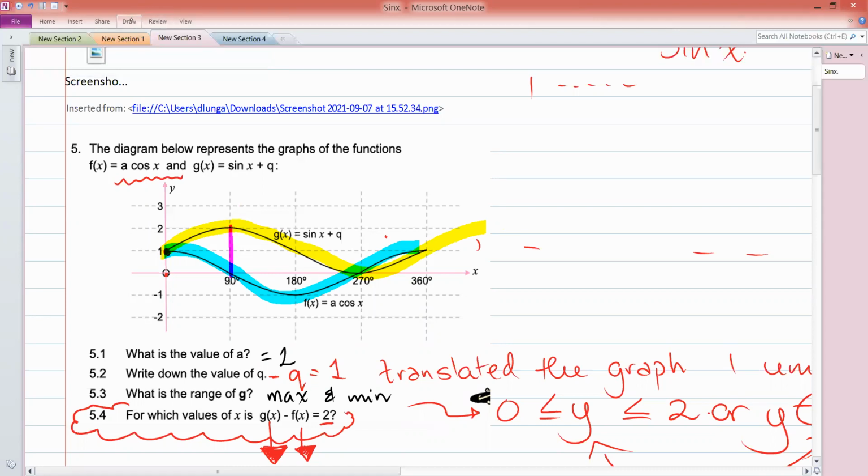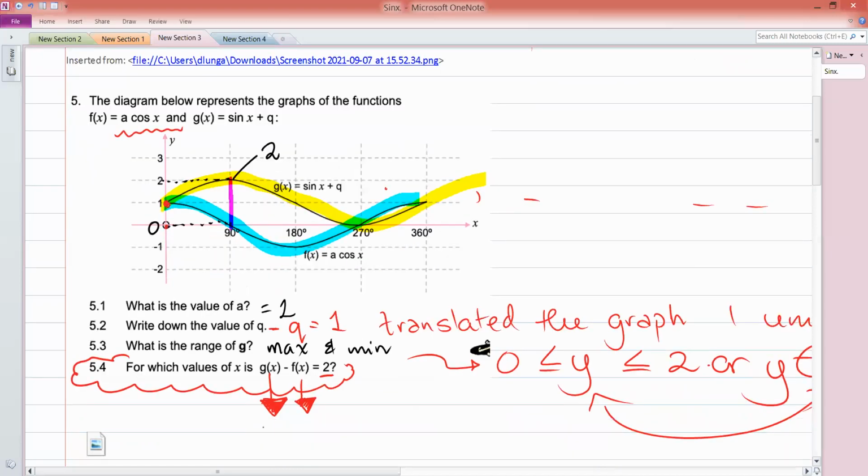That's 2. How did we get that? At this particular point, the y value of G is 2. Then the y value of F at this point is 0. So 2 minus 0 gives us 2. At which x value is that? It's at 90. Brilliant.